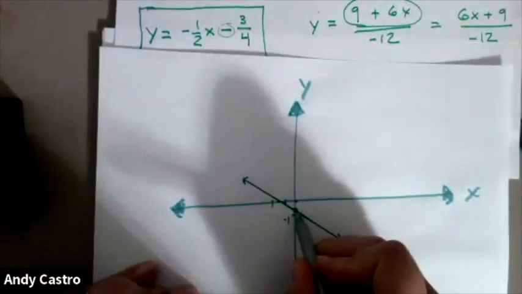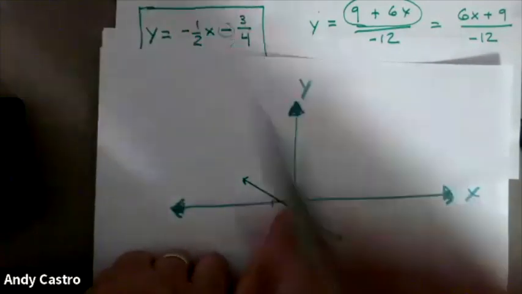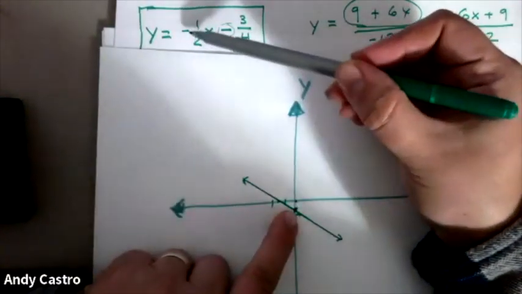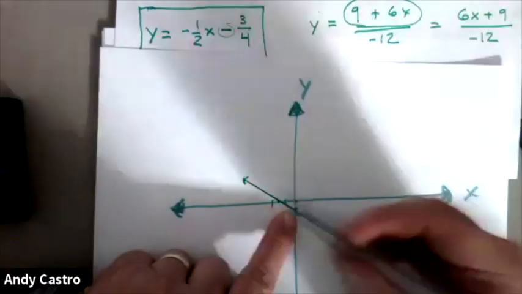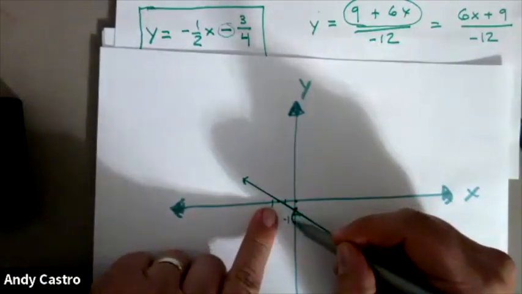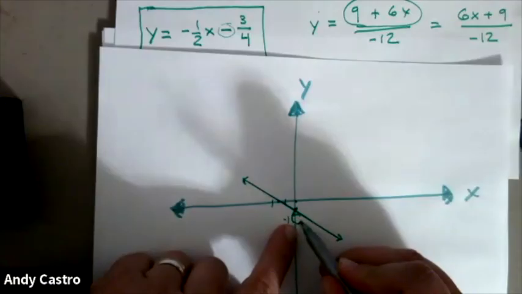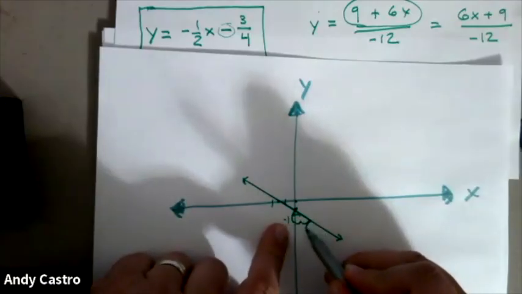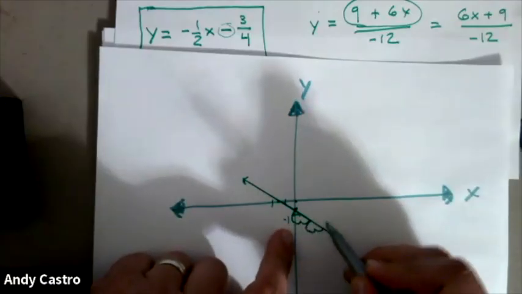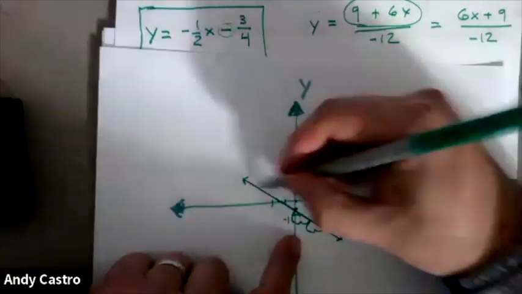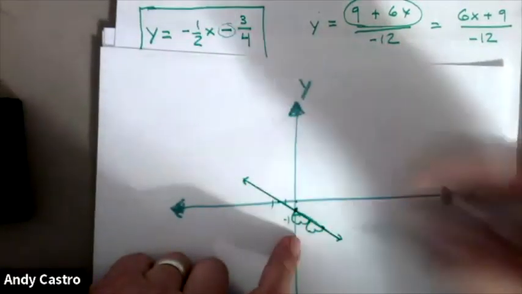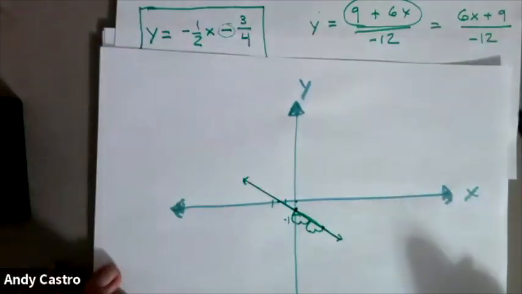Well, that's right here, okay? Then I can use this, negative 1/2. So I can go down 1 over 2, down 1 over 2. And boom, you see how that falls right on that line. All right.